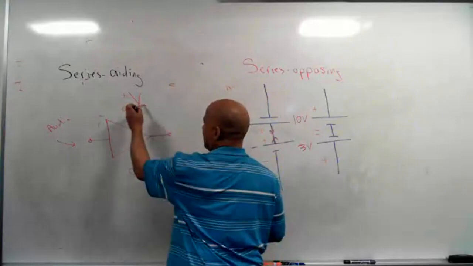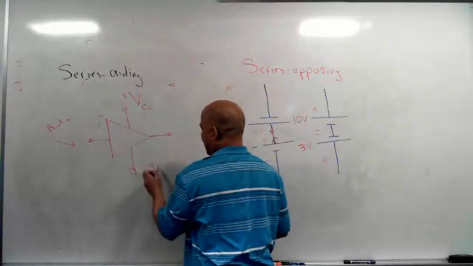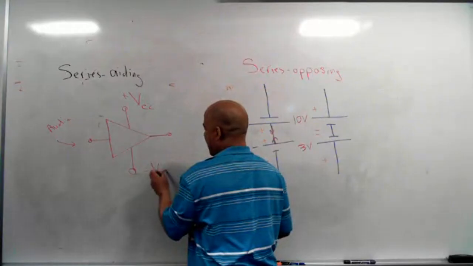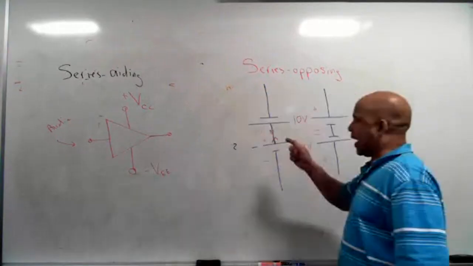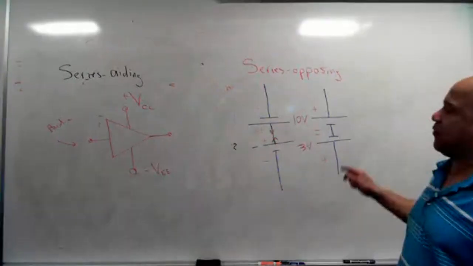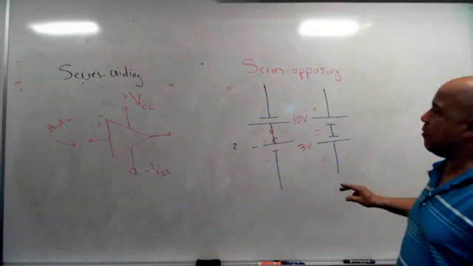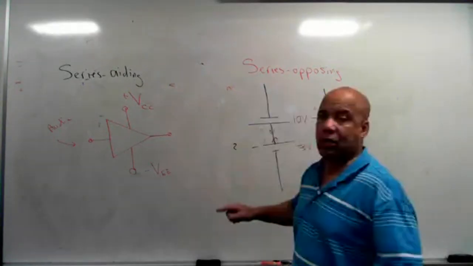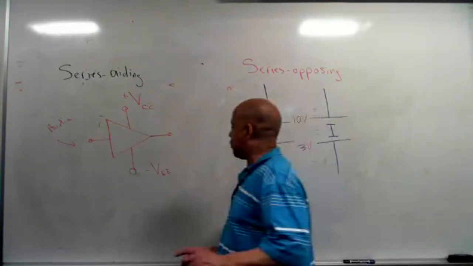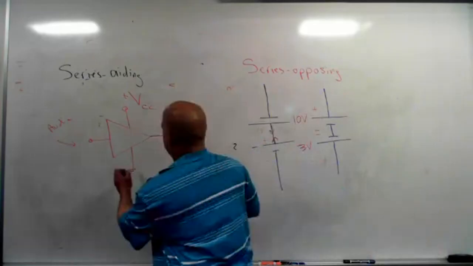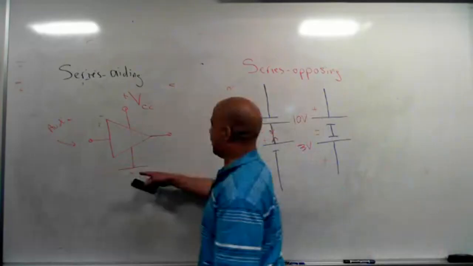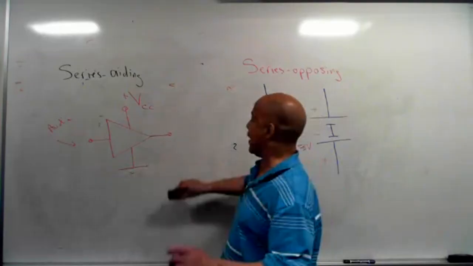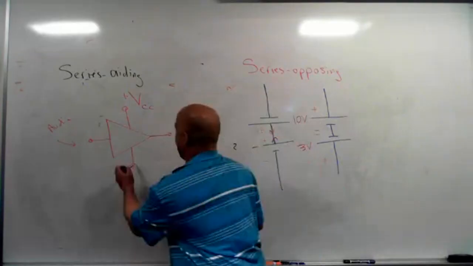So they will call this plus VCC, and this would be minus, usually VEE. And you don't know what these symbols mean, but what I'm getting at is in very few applications, you need both a positive and negative supply. And I don't mean a plus or minus polarity, because when I do it the other way, that ground right there was the return on your power supply. I mean, you actually need a plus polarity and a minus polarity.